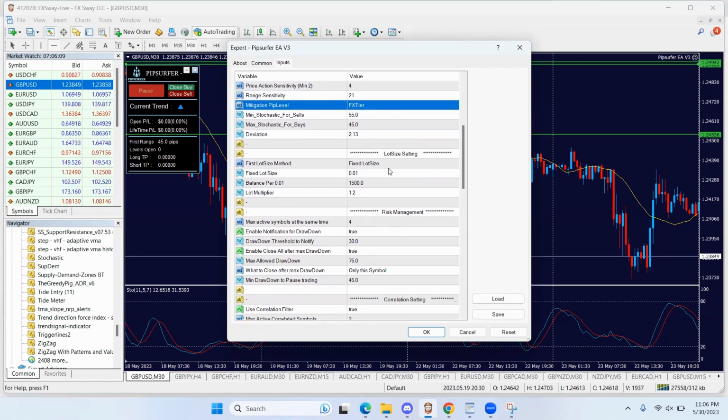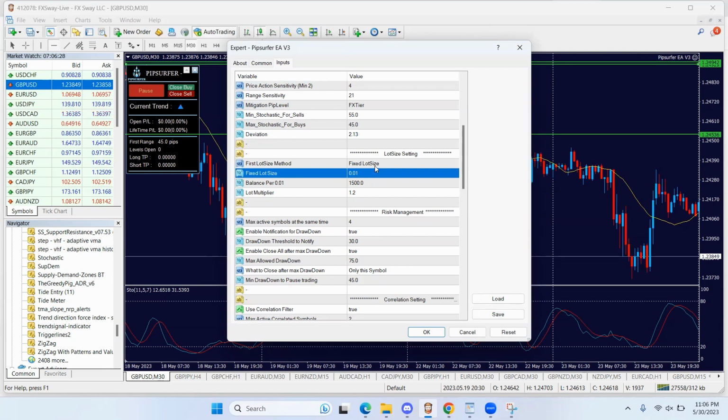Lot size settings. You're going to have a setting for your risk management. The lot size method: if you have a fixed lot size, it's going to follow that one. If you set it to auto from balance, which is the other setting, it's going to take whatever you put here.